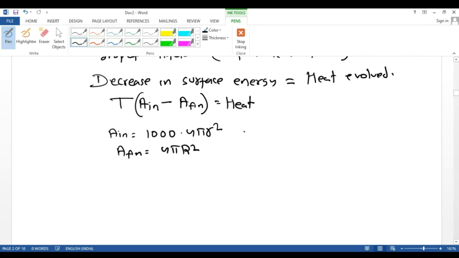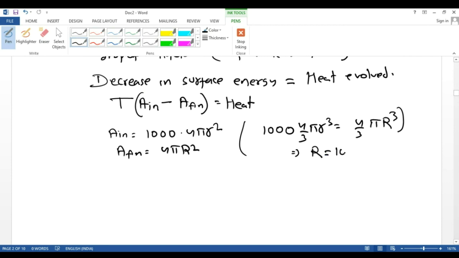And how are they related? Well, you have to conserve the volume. The volume of the liquid when they coalesce will remain constant. So you have 1,000 times 4 by 3 pi r cube is equal to 4 by 3 pi capital R cube. So from here, 4 by 3 pi simply cancels out, and capital R is equal to 10 r.